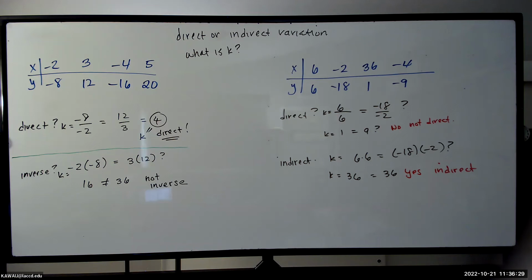So what that means is when there are 10 ticket writers, there should be a dot here at 800. Okay. So let's get rid of this. Now this would be a direct variation, and my correlation covariance would be pretty close to +1 because it's going up, and that looks pretty close to a line.